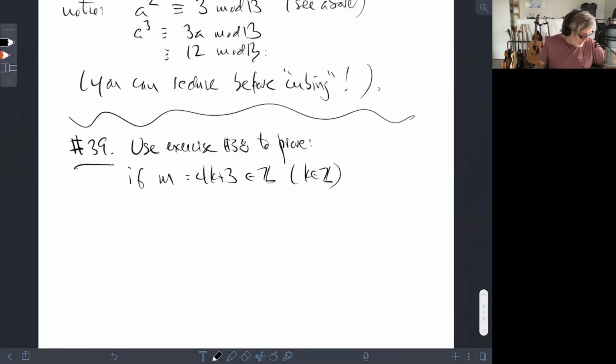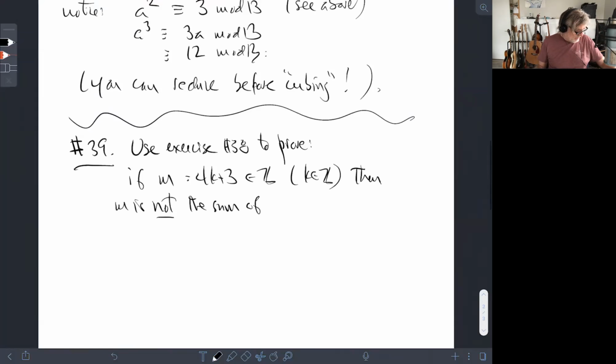Okay, then m is not the sum of two squares. Okay, so no integer of the form 4k plus 3 can be written as the sum of two squares. Okay.